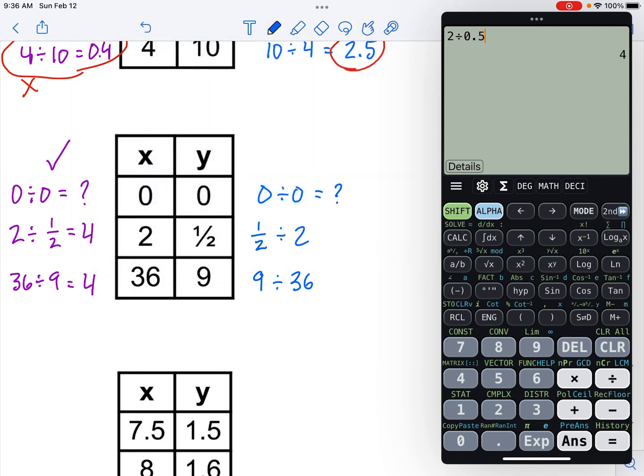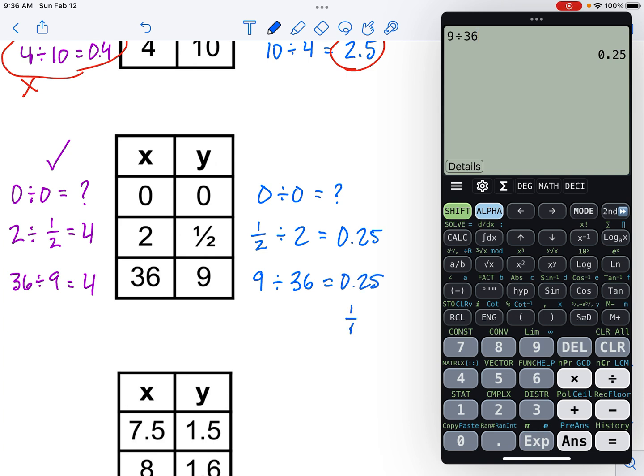That's still indeterminate. 1/2 divided by 2. Well, half of 1/2 is 1/4, but I'll just show you 0.25. And 9 divided by 36 is also 0.25.